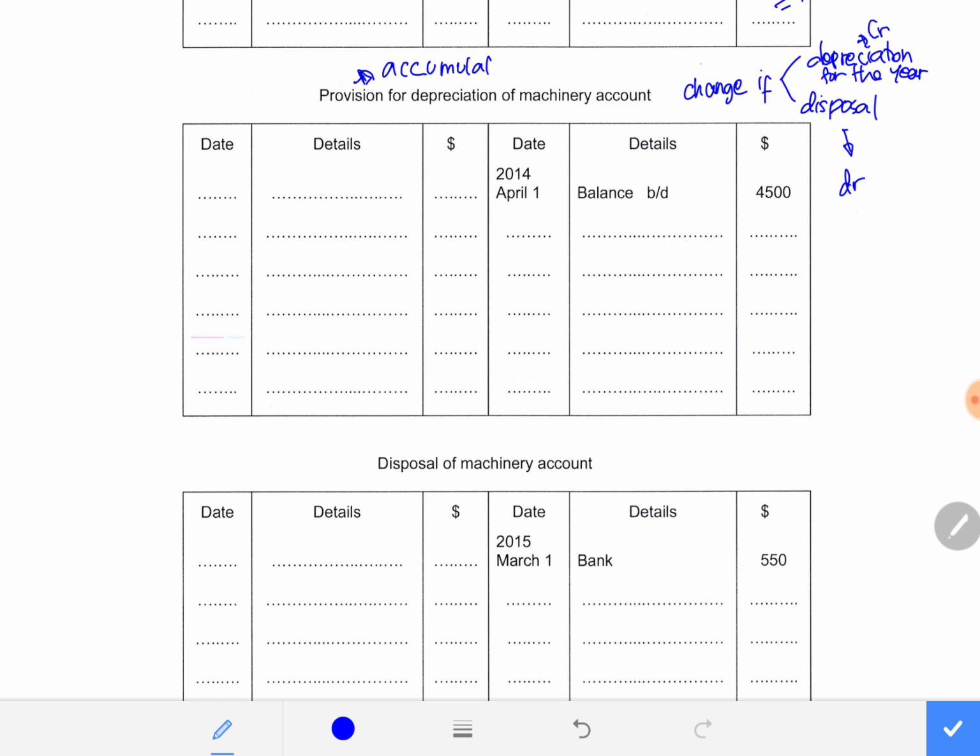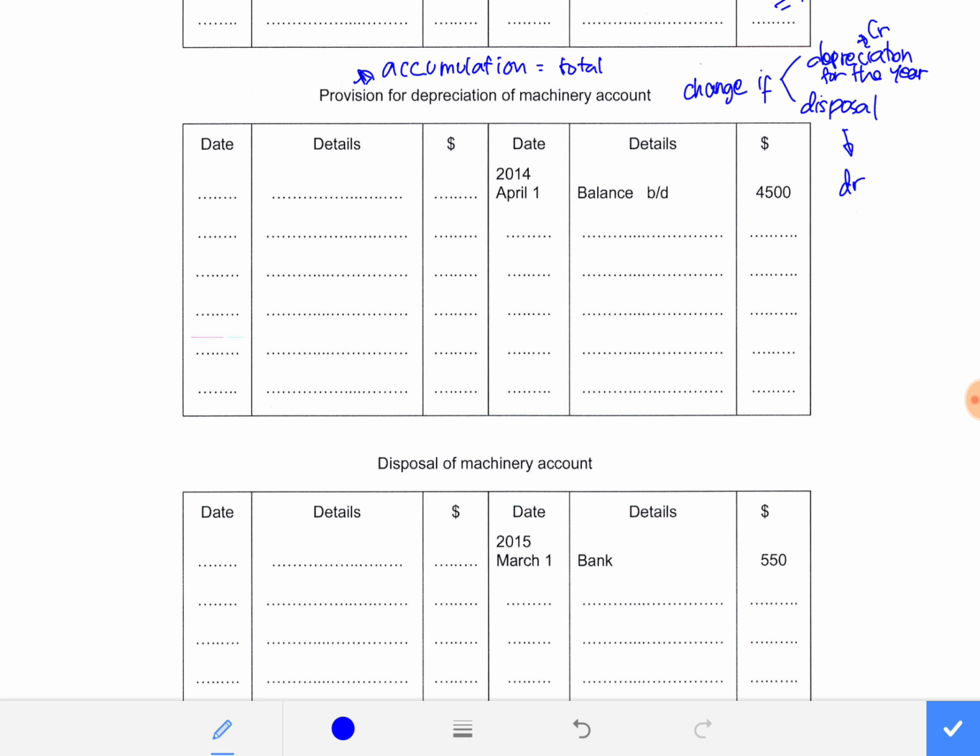Accumulation is also the same as total. So provision for depreciation of machinery actually means the total depreciation that you have made up until now. So whenever there is a new depreciation, it will increase the provision.